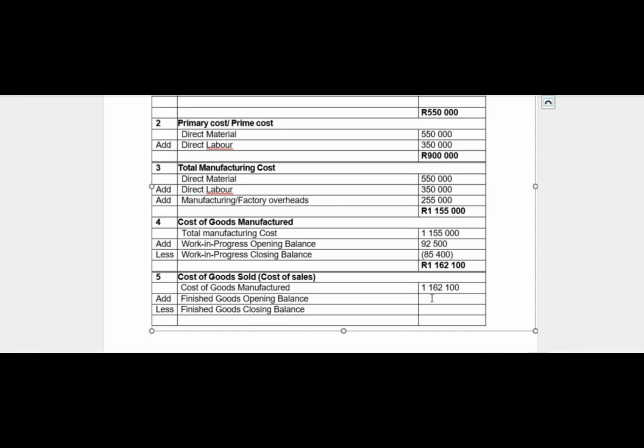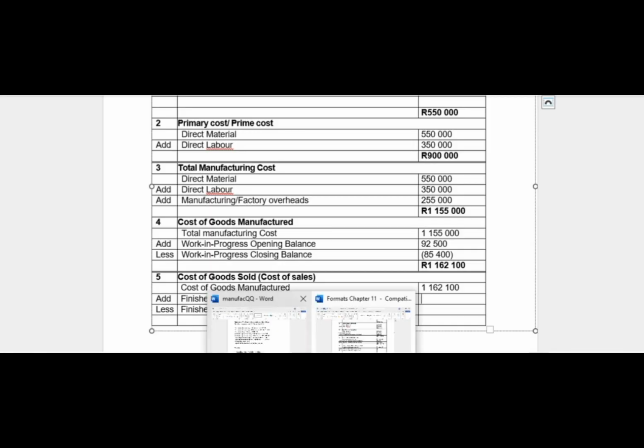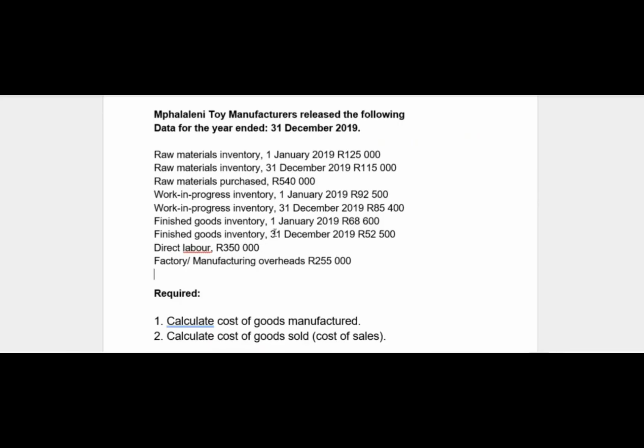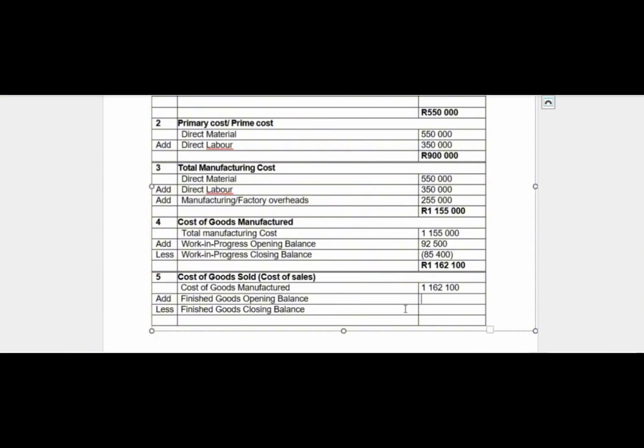And then you add finished goods opening balance, or finished goods at the beginning, which is the one on the 1st of January 2019, which is going to be 68,600. So you're going to add 68,600, and then you are also going to less finished goods closing balance or finished goods at the end.